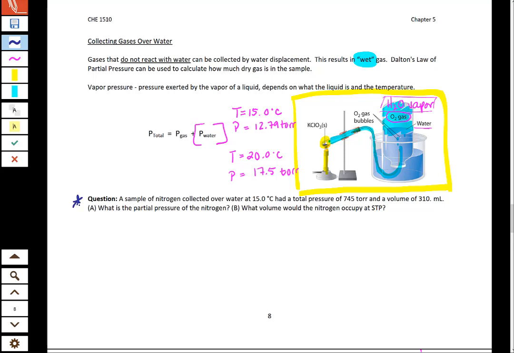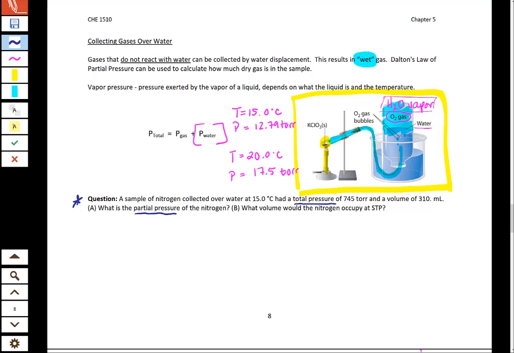So this one says a sample of nitrogen was collected over water at 15 degrees Celsius and had a total pressure of 745 torr, and it gives you the volume. What's the partial pressure of the nitrogen? All right, so the first hint that this is a partial pressure question is it says, what's the partial pressure of the nitrogen? Notice how over here it's giving you a total pressure.